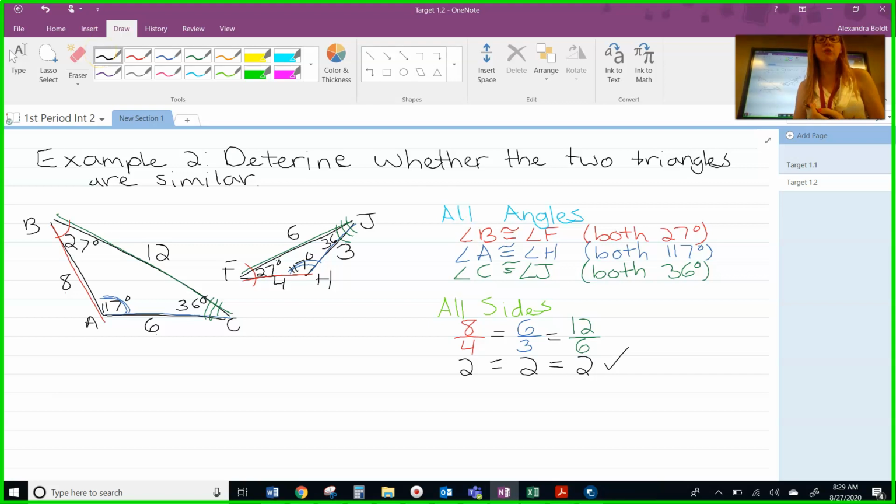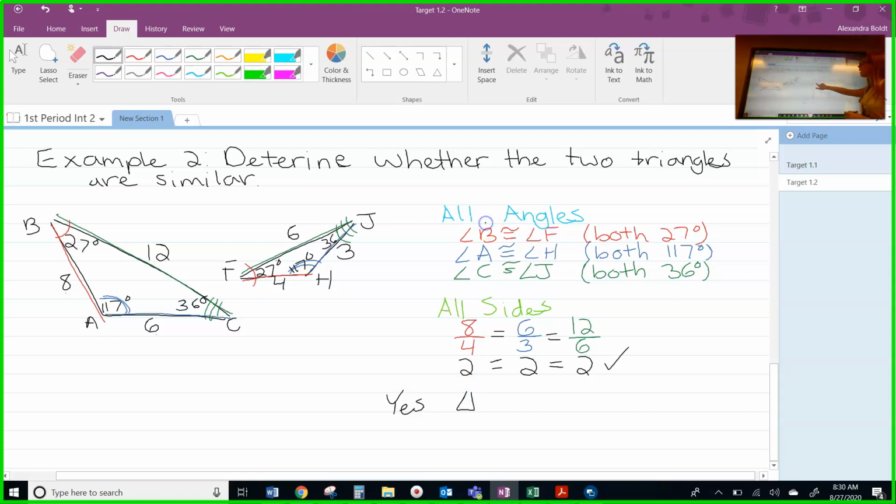But okay, the last thing we have to do is actually state our answer. It's asking us to determine whether the two triangles are similar. Showing all your work, we haven't answered the question yet. So this is very important. In a lot of these questions and on tests, make sure you end the problem. So I'm going to say yes, everything seemed to work out. So yes, triangle, and I have to be very careful naming them.